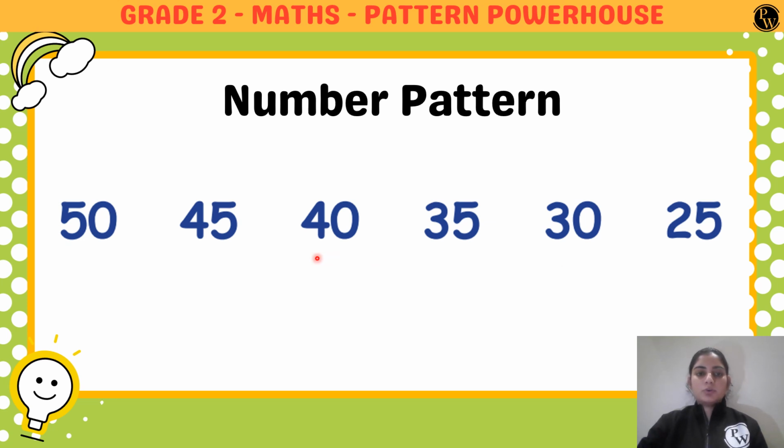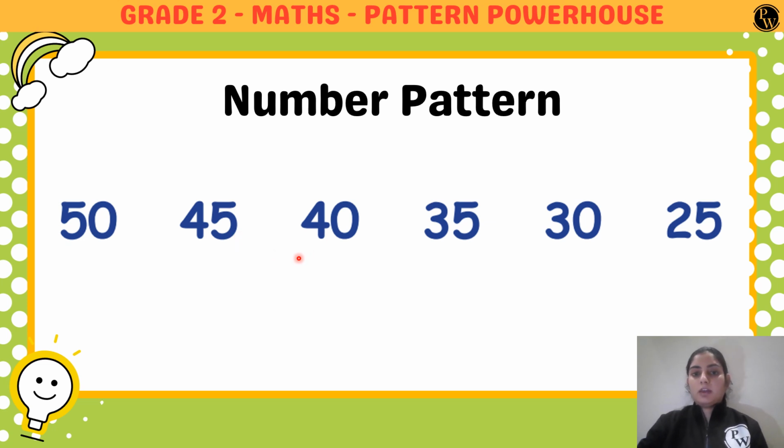Here we have the first number as 50 and the next number is 45. If we subtract 45 from 50, what will we get? We will get 5 as the difference, right? Again, if we subtract 40 from 45, what will be the difference? The difference is 5.